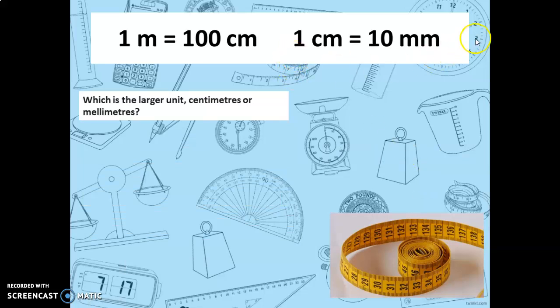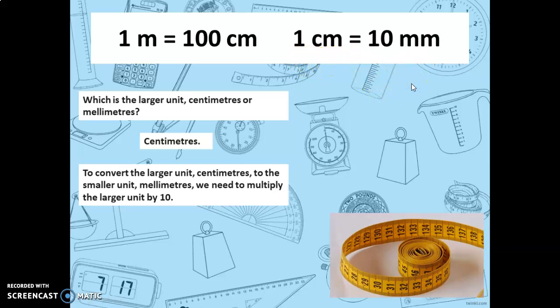Now, let's take a look at this. Which is the larger unit, centimeters or millimeters? Centimeters, because 1 centimeter is the same as 10 millimeters. So to convert from the larger unit, centimeters, to the smaller unit, which is millimeters, we need to multiply the larger unit by 10.